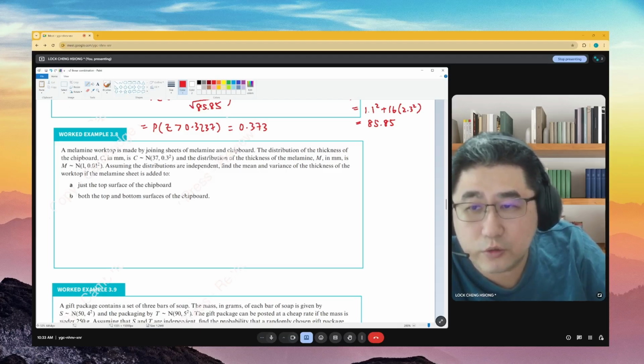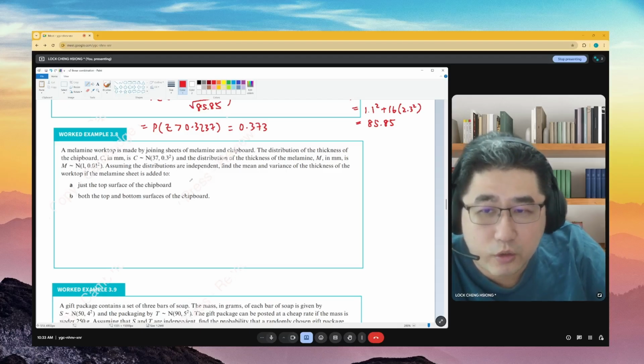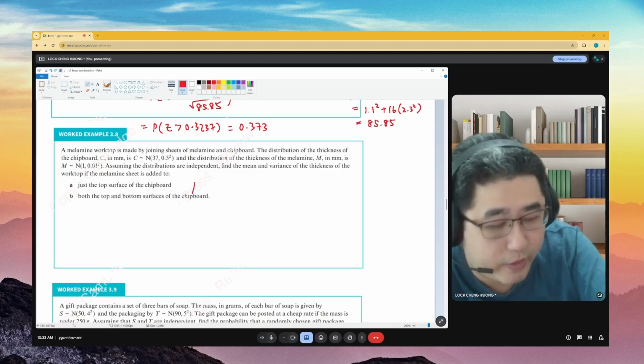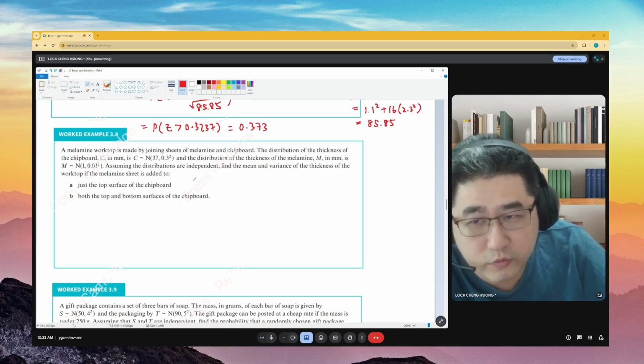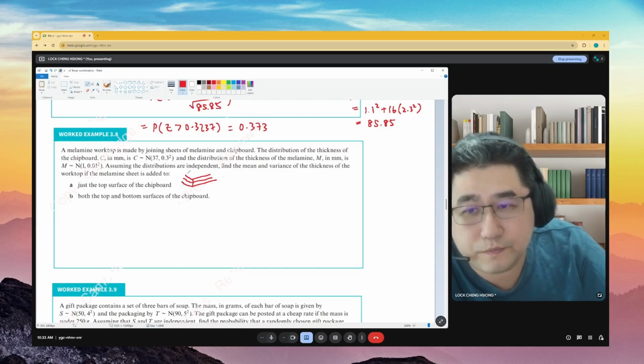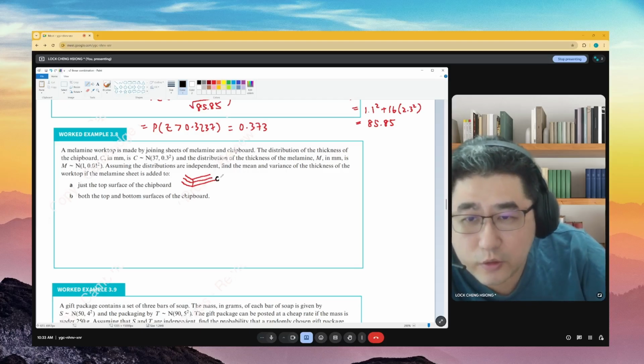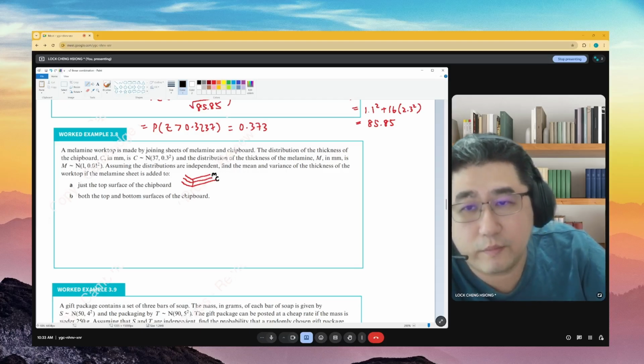So chipboard, melamine. Maybe some of you never encountered what exactly is a melamine and chipboard. Let me just draw this for you. You can imagine that this is a board. The bottom part is the chipboard, the top part is the melamine.